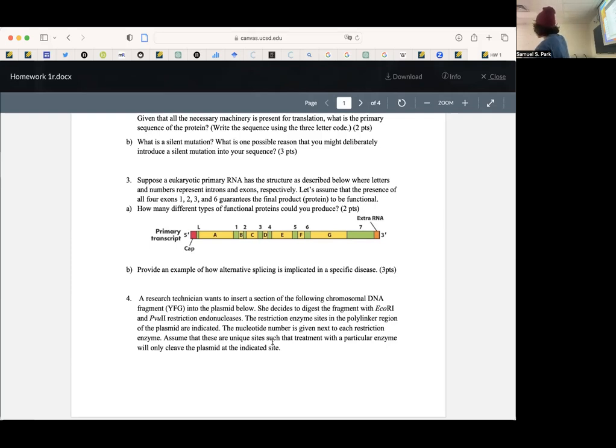It's because there is a greater abundance of that versus the wild type. If you got points taken off, that's why. It's fine.